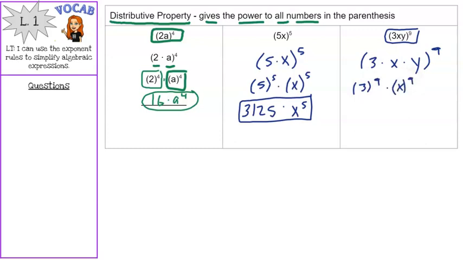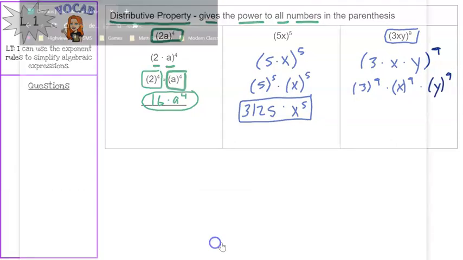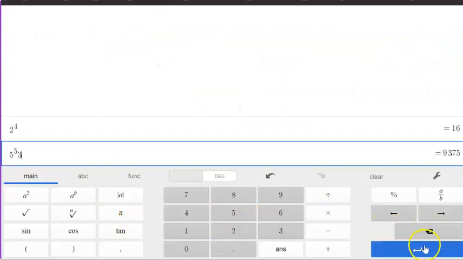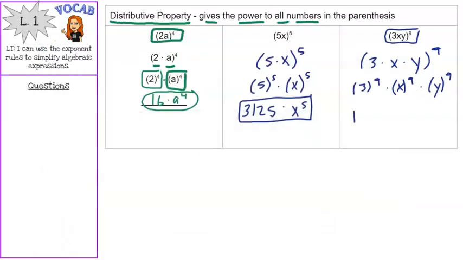So 3 gets the 9th power, x gets the 9th power, and y also gets the 9th power. And then again, we simplify that by figuring out what 3 to the 9th power is. It's 19,683. And then that'll be times x to the 9th power times y to the 9th power.